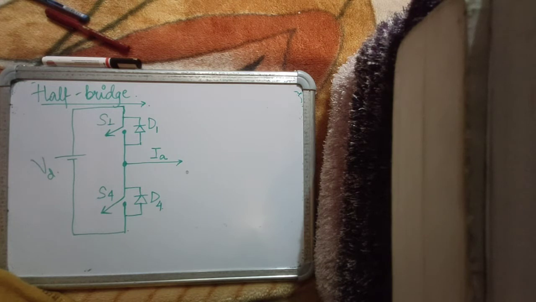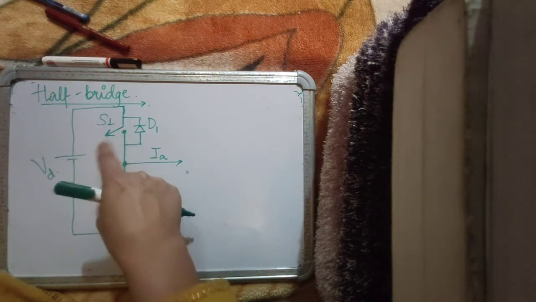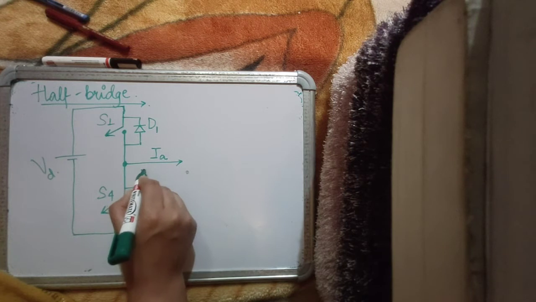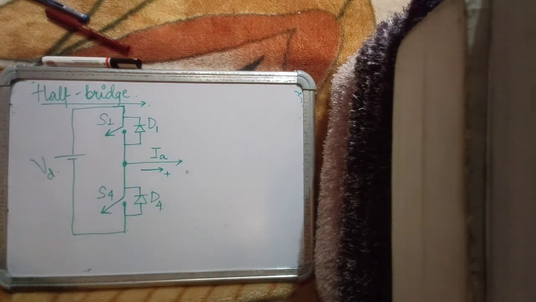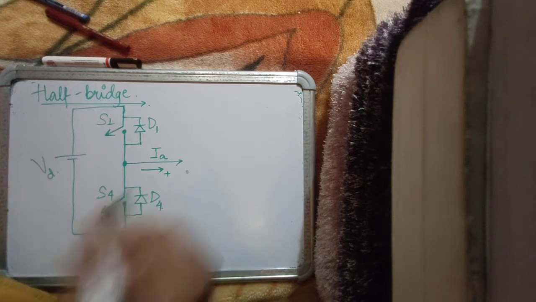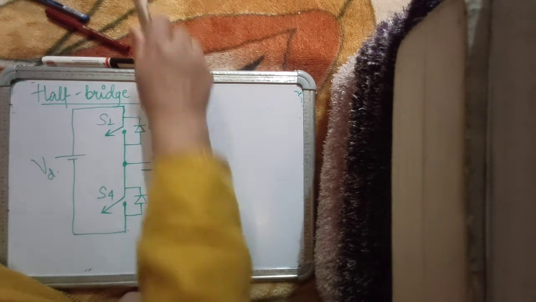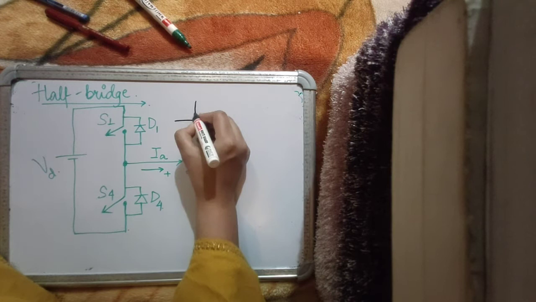So when you compare the waveform of IA to the high switching frequency of the devices, then IA over a small interval may be assumed to be constant. So let's assume that IA is constant, and in some switching instant it is positive, so it's flowing in this direction, right? It also means that if I want to suppose say switch on S1, so I have given a pulse to S1 and I want to switch it on.